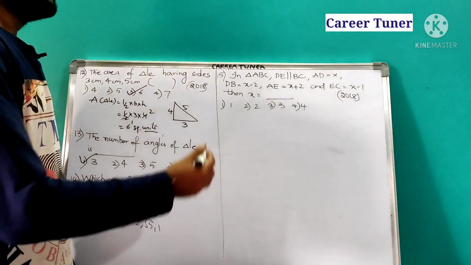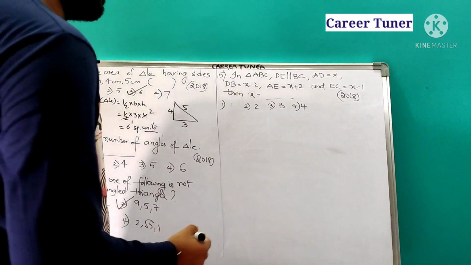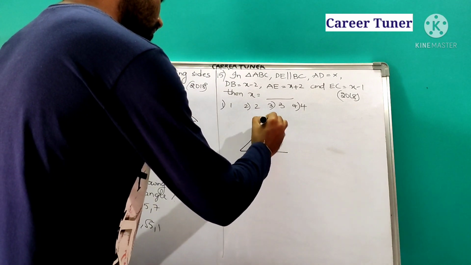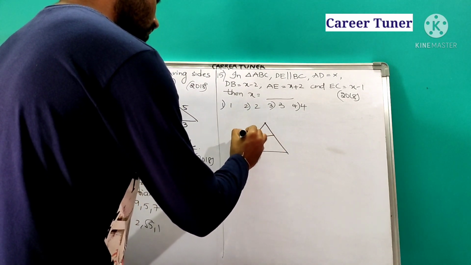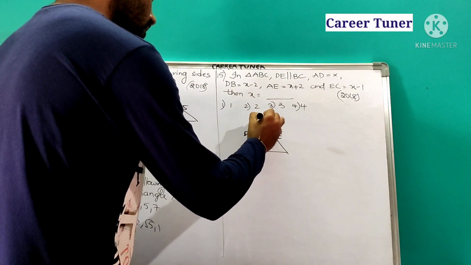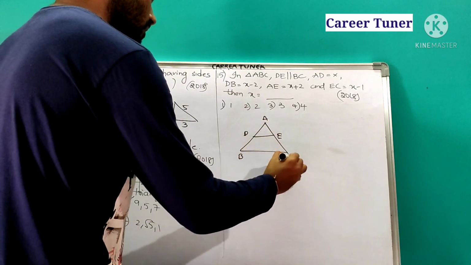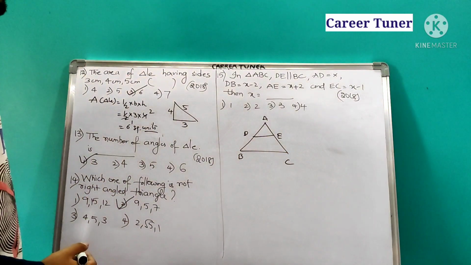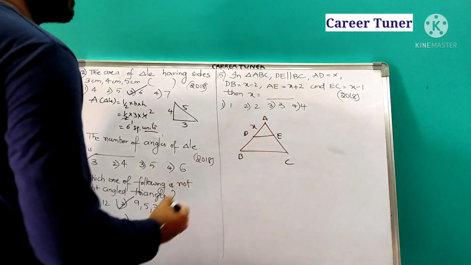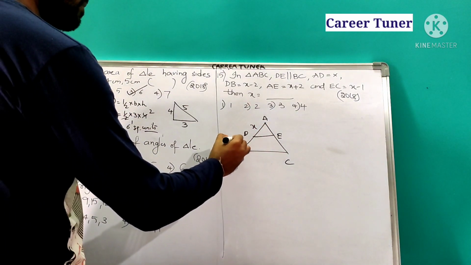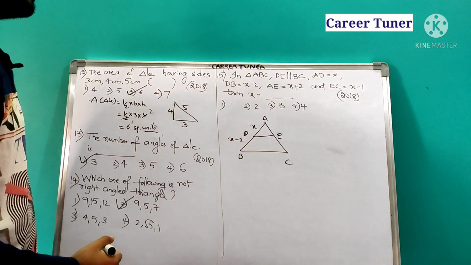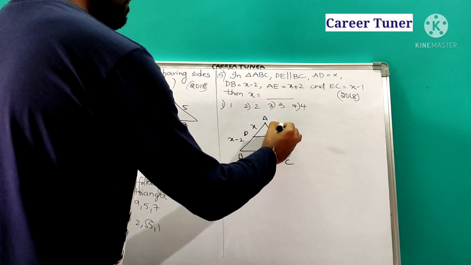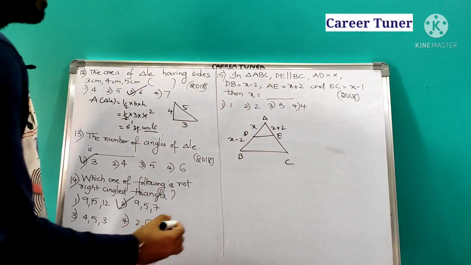Next, the 15th one. In triangle ABC, DE is parallel to BC. AD is equal to x, and DB is equal to x minus 2. AE is equal to x plus 2 and EC is equal to x minus 1.